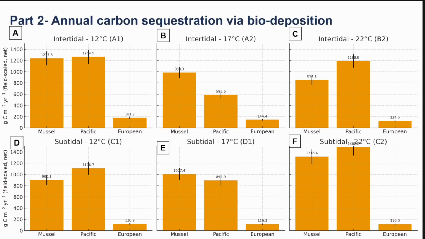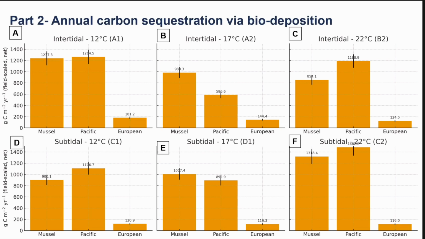So therefore we used three different temperature ranges, that is 12 degrees, 17 degrees and 22 degrees centigrade. And then we estimated how much carbon is present in the biodeposits, and we calculated the annual carbon production via biodeposition. So here we see that biomass density is the first order driver.